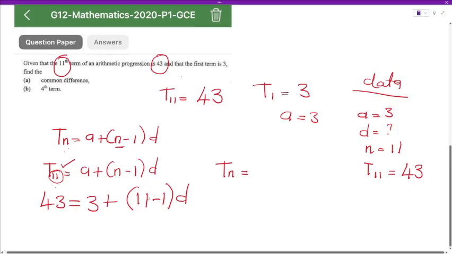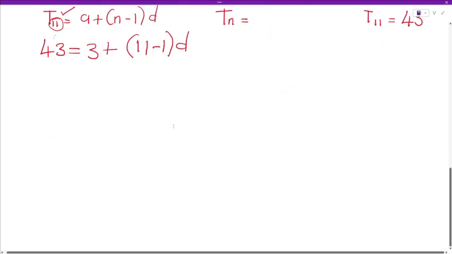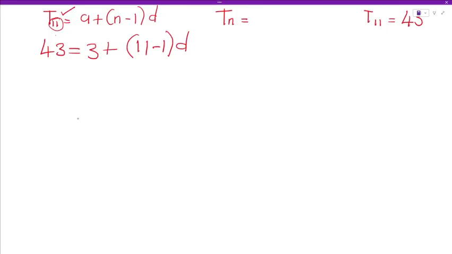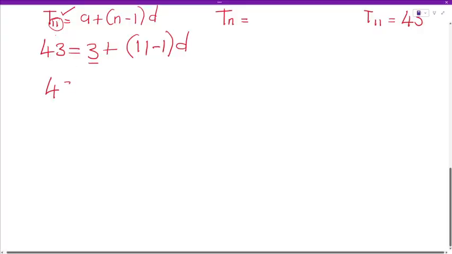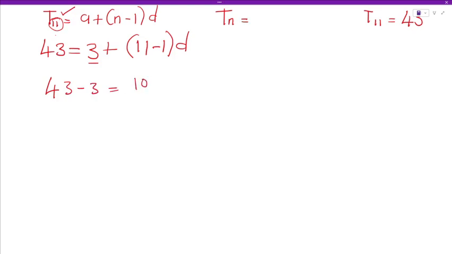So at this point, we simply solve. The answer we should find should give us the common difference. So I'm now going to say 43. This 3 can actually go to the left side, so that we say 43 minus 3 is equal to 10 in the brackets, because 11 minus 1 is 10, and then you have a D there.